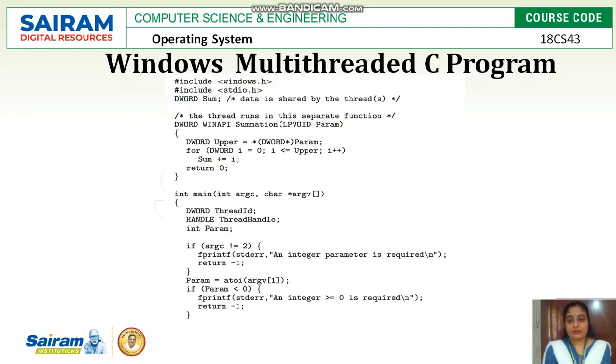Coming to the Windows multi-threaded concept, we have the Windows library for creating multiple threads. So here, unlike our last program, we are using the windows.h library, which is included in your main program.